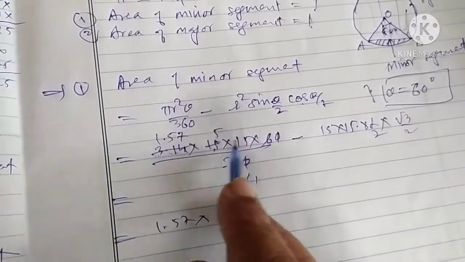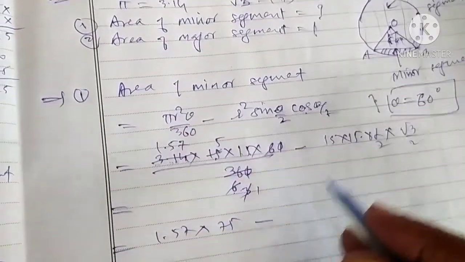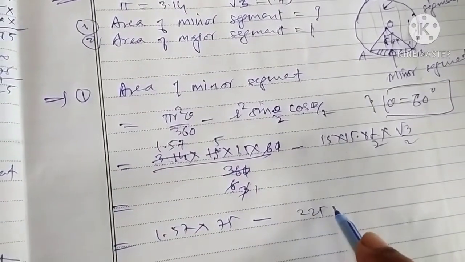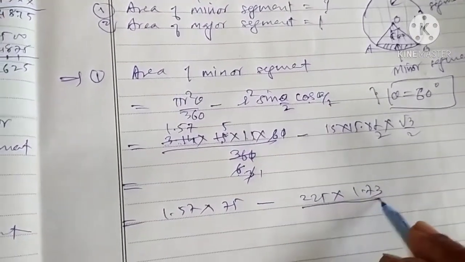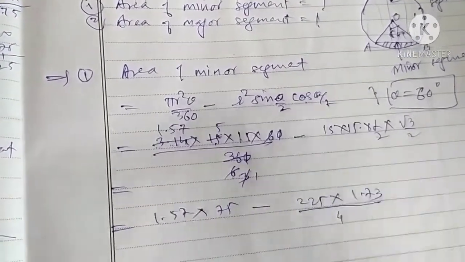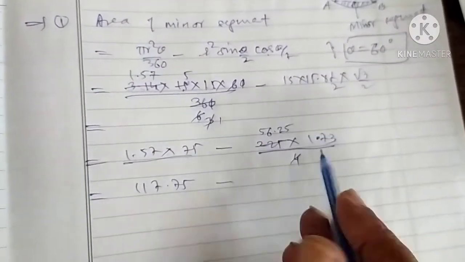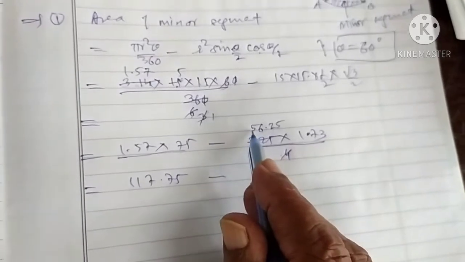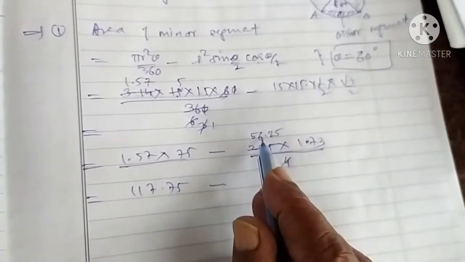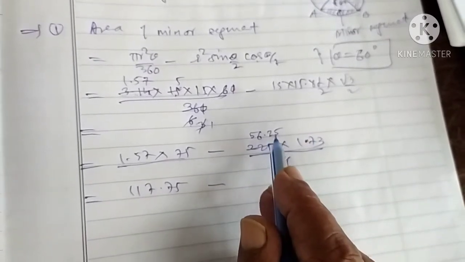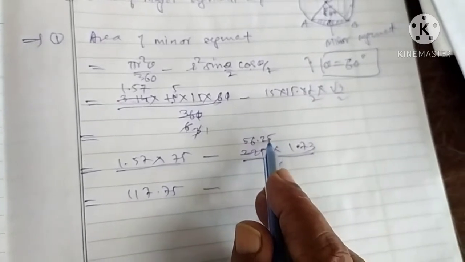Now I am getting 1.57 multiplied by 15, that is 23.55, and 5 is 75, minus 15 into 15, that is 225, multiplied by the value of root 3, 1.73, upon 2 2's are 4. Okay, so 117.75 minus after cancelling 4.